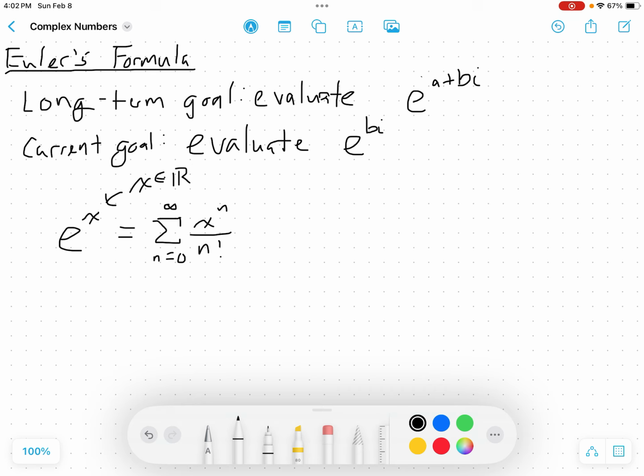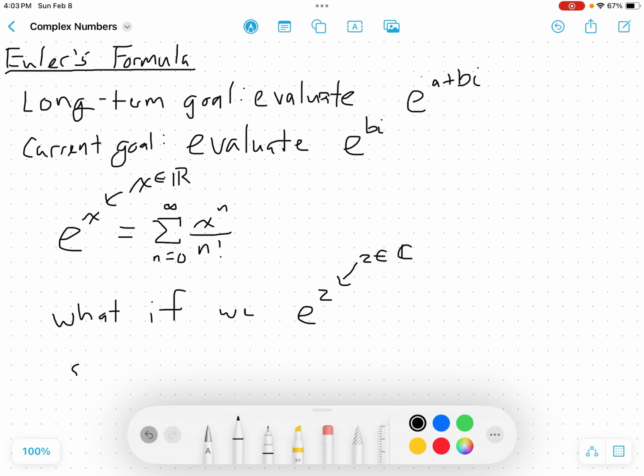We do know if we have a complex number z, we could replace all of our x's with z's.